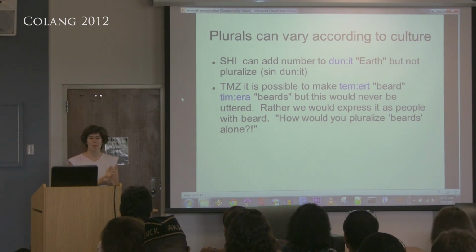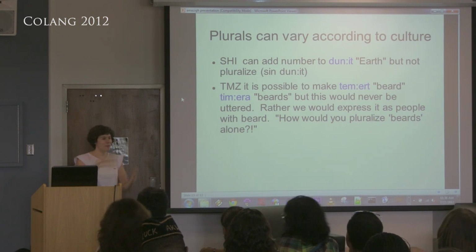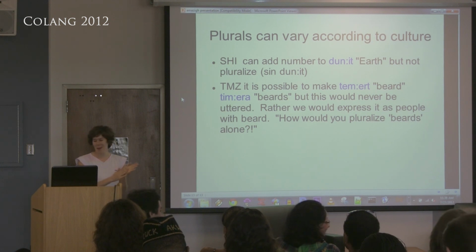And I had a long argument with Mustafa because it's technically possible to pluralize beard. But why would you pluralize beard and not a person with a beard? I said, well, what if I drew a picture of 10 beards? And if it didn't have a face attached, how would you know it was a beard? Yes, so that went on a while.